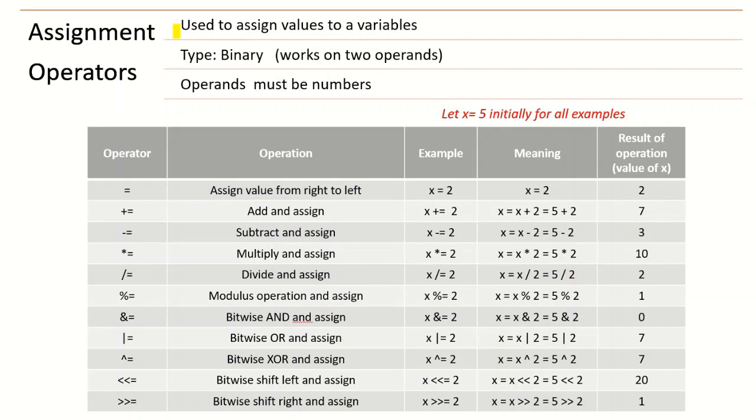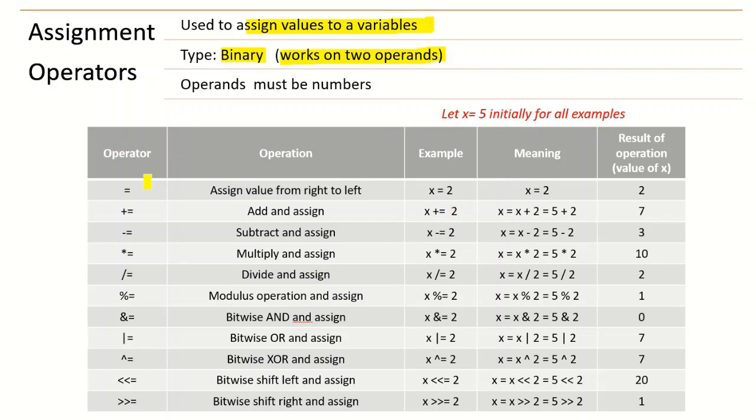Assignment operator. Assignment operators are used to assign values to a variable. These are binary type, that means it works on 2 operands. The operands must be numbers or something that returns a number.